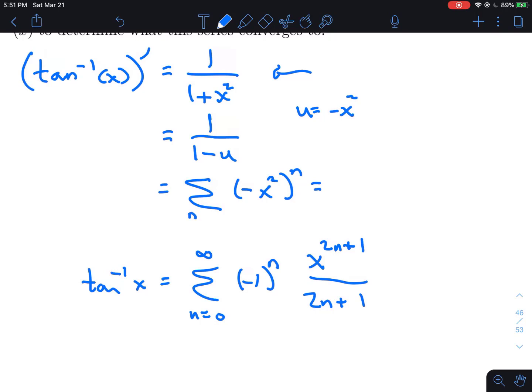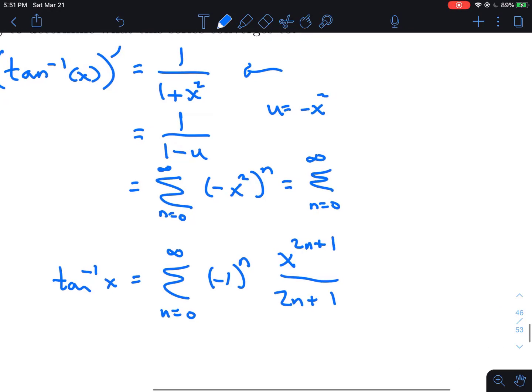And again, this is going from n equals 0 to infinity. And so let's see, we have a bunch of things raised to the nth power. So for instance, that negative sign is being raised to the nth power, or that's the same thing as negative 1 raised to the nth power. And then we have x squared raised to the nth power. And so when you have powers raised to more powers, right, they multiply together. So you get x to the 2n.